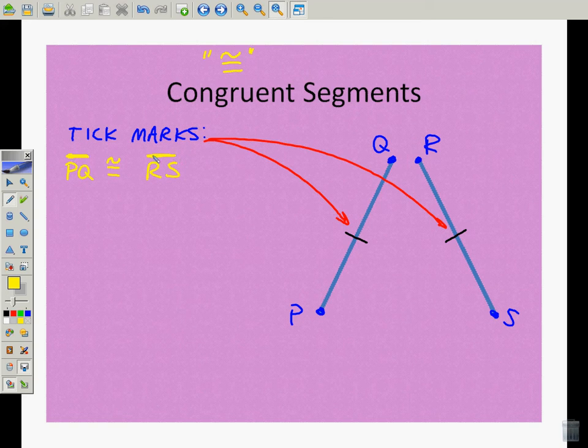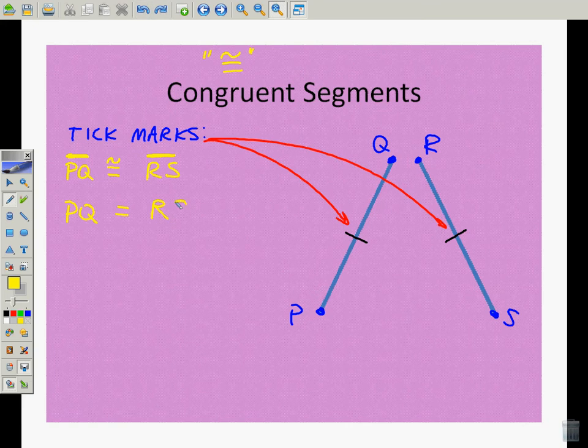But if I talk about PQ, that's the length of PQ. That's its number value. It's 5 miles or 6 feet or whatever it is. Then I can say that the length of PQ is equal to the length of RS.